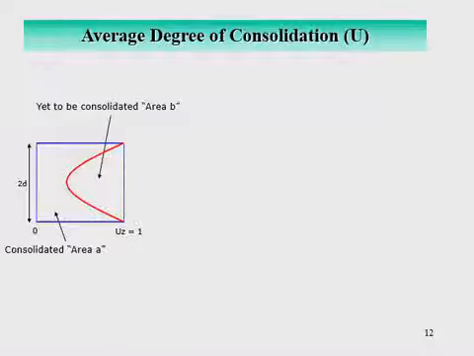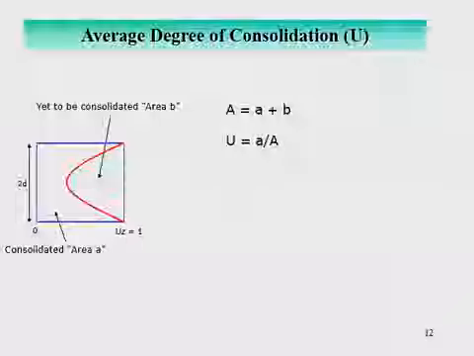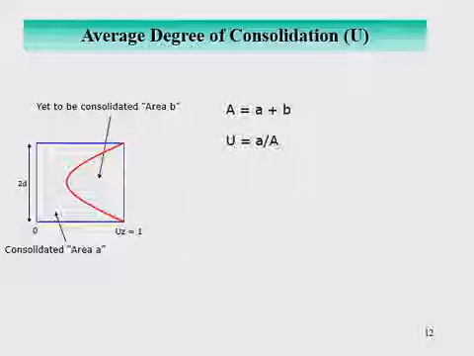So the average degree of consolidation would be equal to this area which has gone through the consolidation process, the isochrone has gone through this area A, divided by total area. This is area A, this is area B. Total area is equal to A plus B. U is equal to A divided by capital A. So this is how we can find out average degree of consolidation.